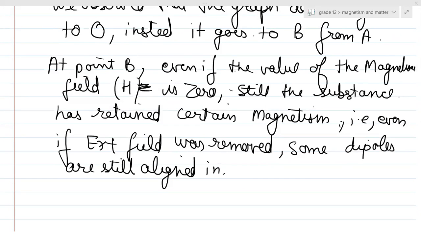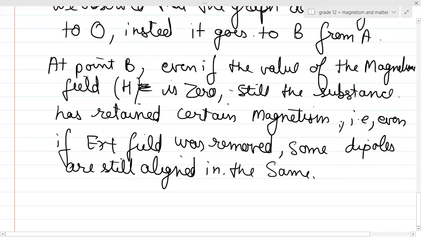So even if the external field was removed, some dipoles are still aligned in the same direction. Or we can say, I've used this term retain. Some magnetic field is still retained. Some I is retained, right?